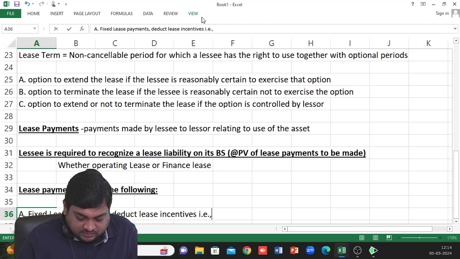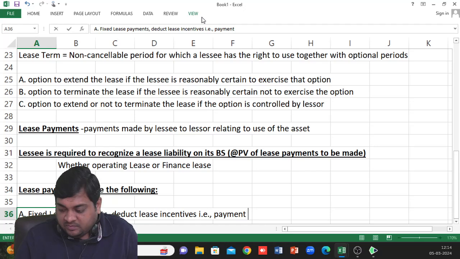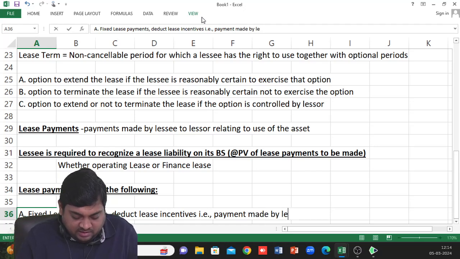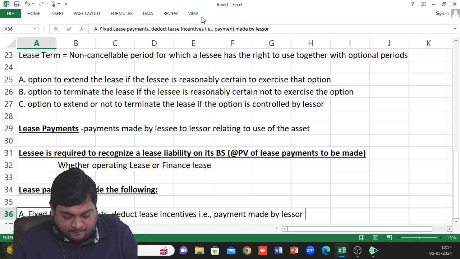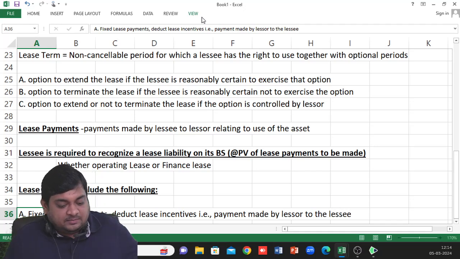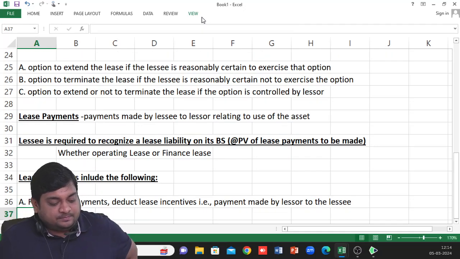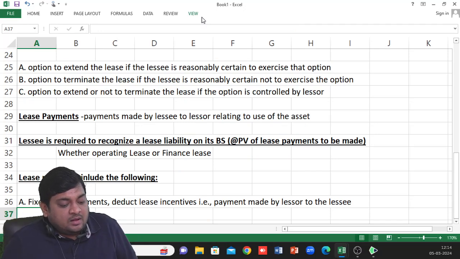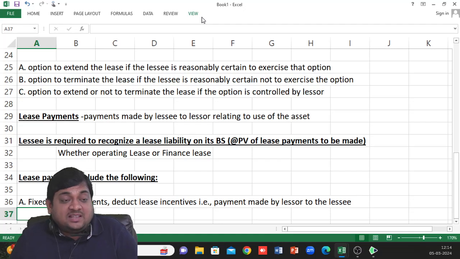That is payment made by lessor to the lessee, right?